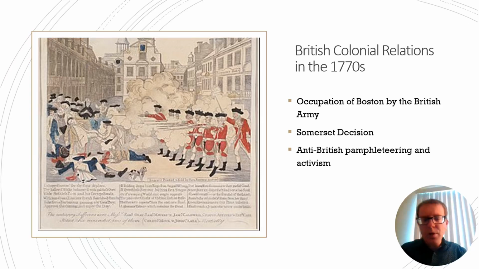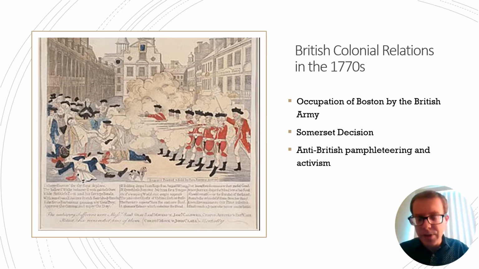Parliament was never going to do this, but it leads to significant paranoia among white plantation owners in the colonies in the South that Great Britain might actually end slavery. So many white plantation owners start paying very close attention to the events happening in Boston, and it encourages them to adopt a more anti-British stance.